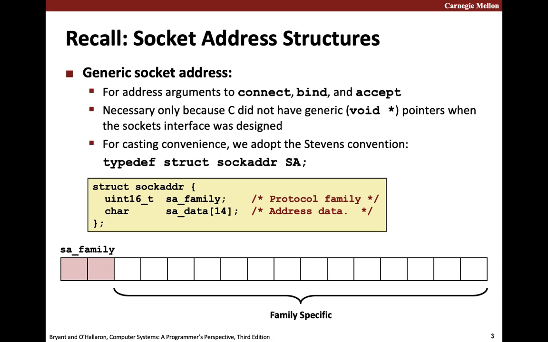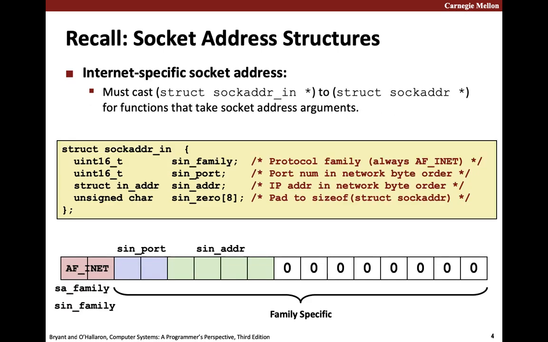Okay, and there's even another type that I won't talk about in this particular class. But the point is, those are the specific ones. This one's the generic one, and so this is the one you will need to cast to when you pass things into connect because it requires something generic. And then it'll look at the address family to determine which version it's actually going to use, IP version 4 or IP version 6. Okay, but anyway, that's what struct sockaddr has.